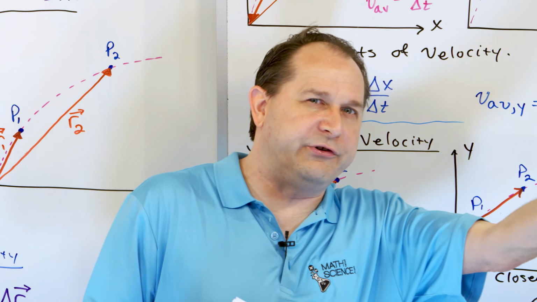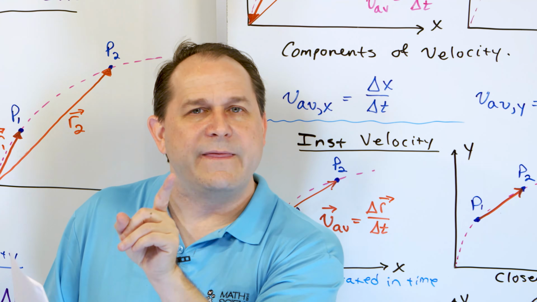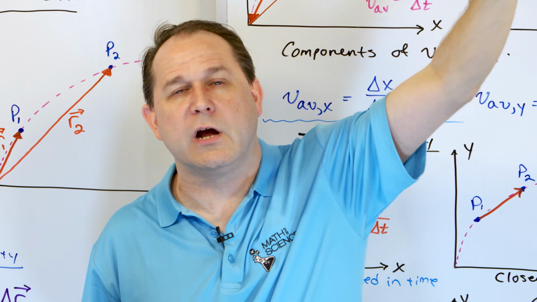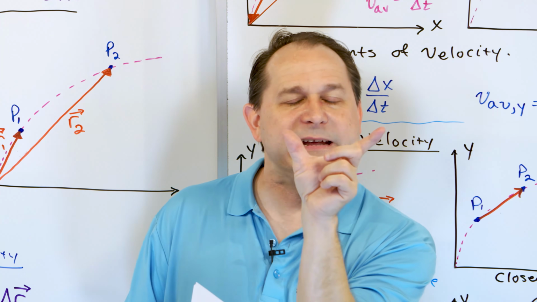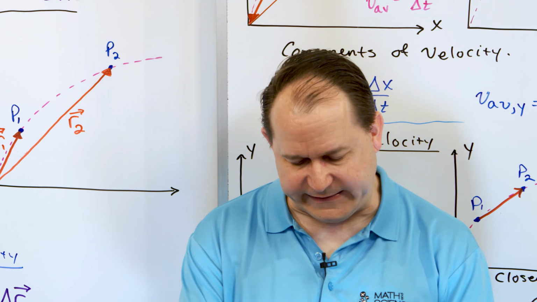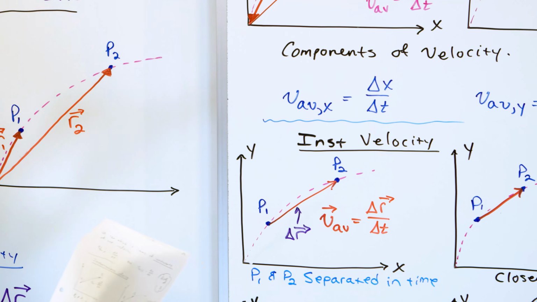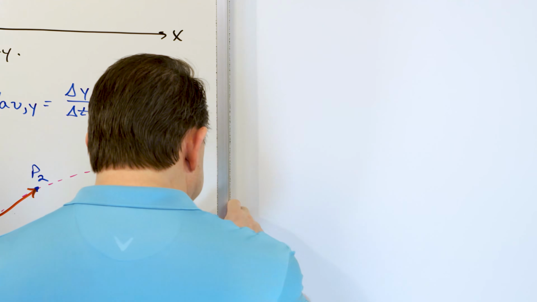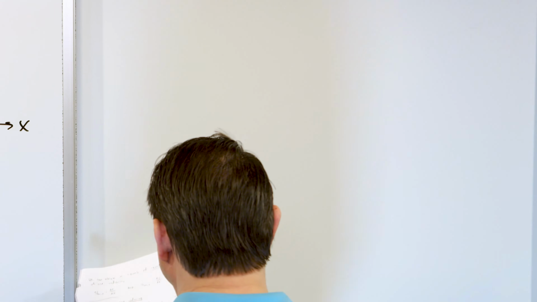There must be some force pushing it. But if there were no forces, that instantaneous velocity arrow would be the direction that it would travel on and on forever and ever. And that velocity can be thought of as having an x component and also a y component of the instantaneous velocity. All right? Now, let me write on the other board a couple of things and draw some conclusions.